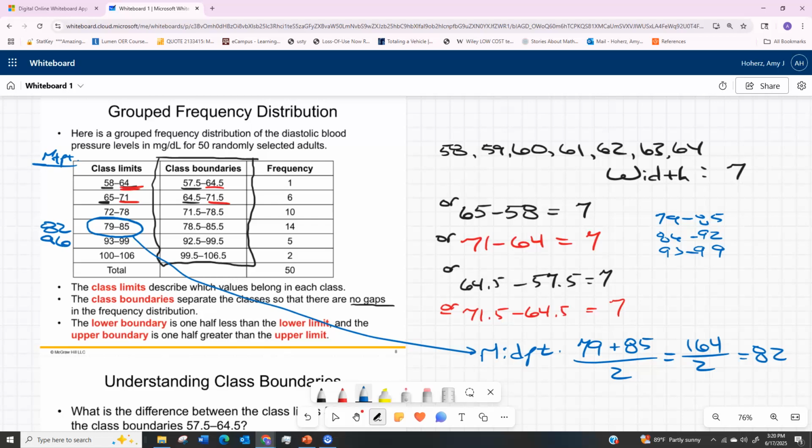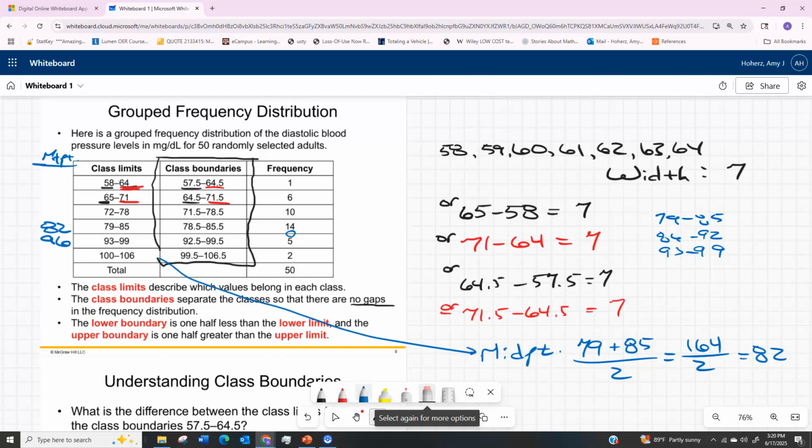And with 86 to 92, it looks like what happened is there weren't any data values between 86 and 92. They should have just left it in here and made it 0. So there should be a 0 in between here. And there should be a class here. Let me see if I can get this to erase and look halfway decent. So let's get rid of this.